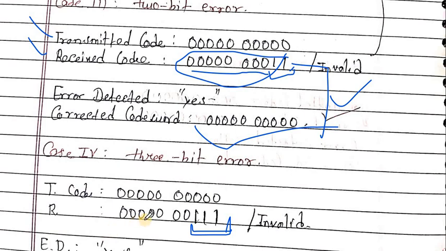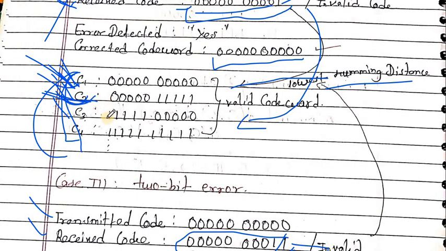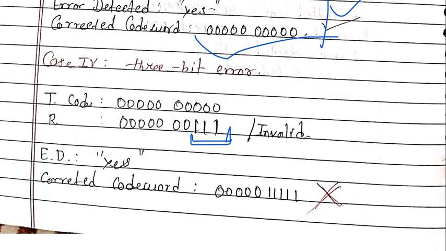The receiver will conclude that C2 is the valid code word, but actually the code transmitted by the transmitter is different from the result on the receiver side. That means that after applying the Hamming code, the lowest Hamming distance gives the receiver this string, but it is not the actual string which was transmitted by the transmitter.